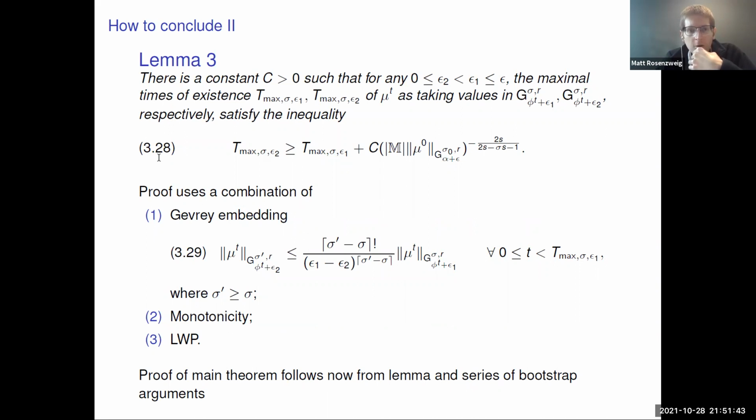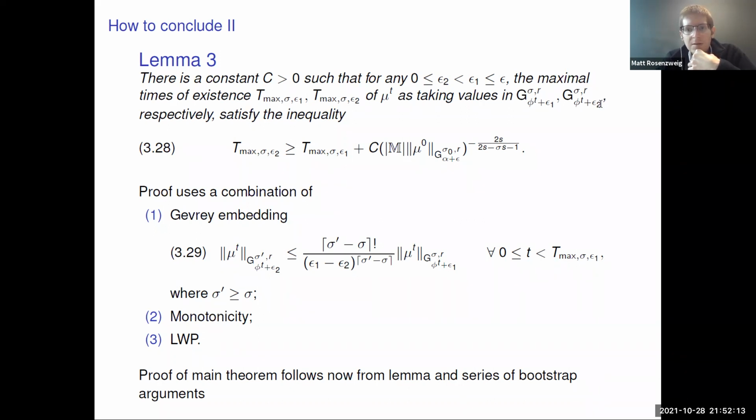Well, the main workhorse is this lemma here. What this lemma is saying is that it's quantifying how much the maximal lifespan of the solution increases if I fix the Sobolev index sigma, but I decrease the Gevrey norm. So if I have two indices epsilon1 and epsilon2, I look at the corresponding maximal lifespans of the solutions in these spaces right here.